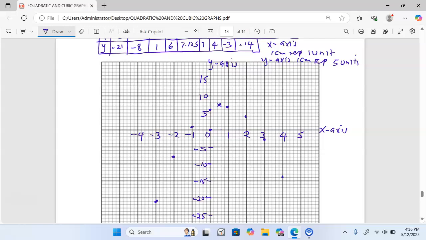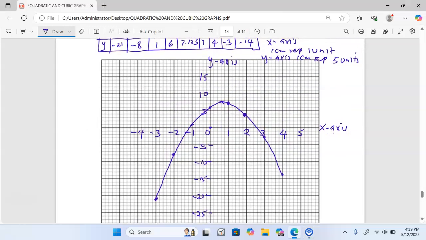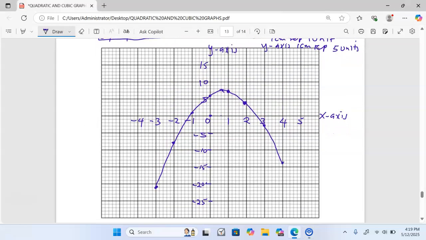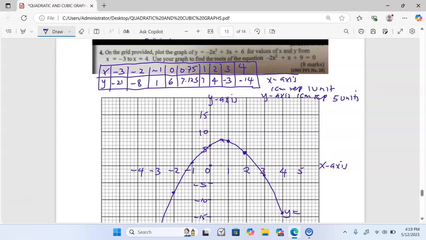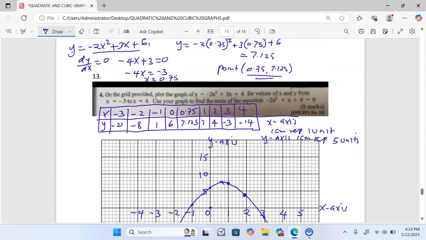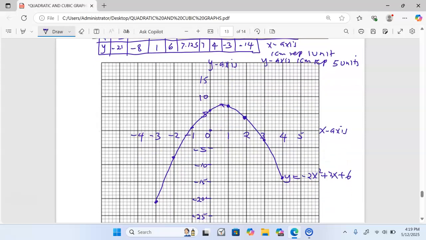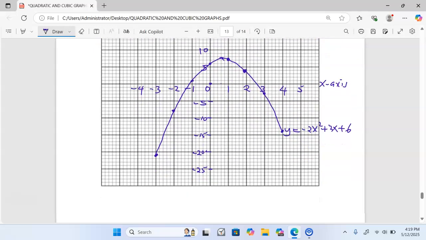Once you have joined all the plotted points, you can now name your curve as y equals -2x squared plus 3x plus 6. Most of the students again lose marks here because of failing to label their graphs.